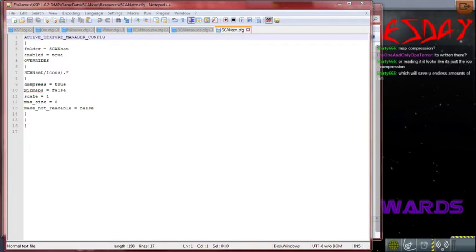FOV, which is field of view in degrees. Minimum altitude is in meters. Max altitude also in meters. Best altitude, which is apparently, well, most efficiency, highest efficiency, I should say.